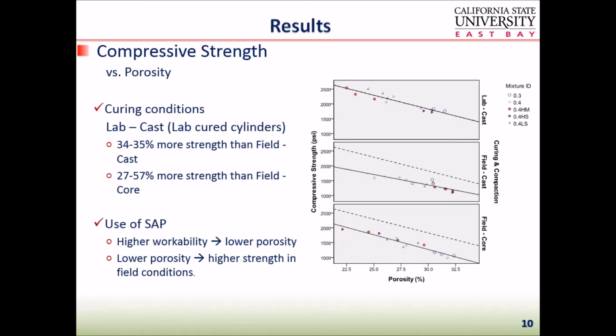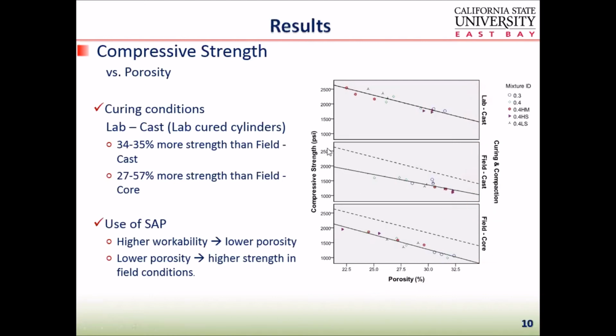The experimental results show that the higher the porosity of the specimen, the lower the strength. This is very well known for pervious concrete, and you can see that for each of the panels in the graph.